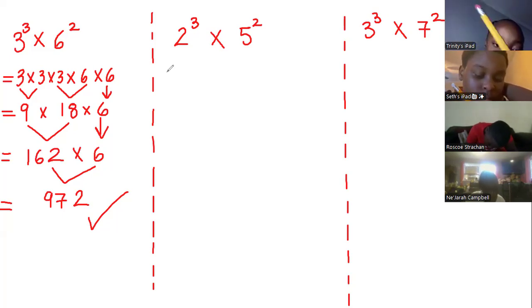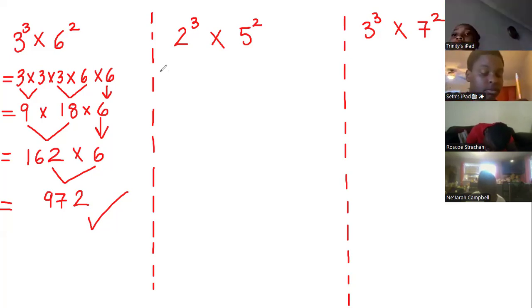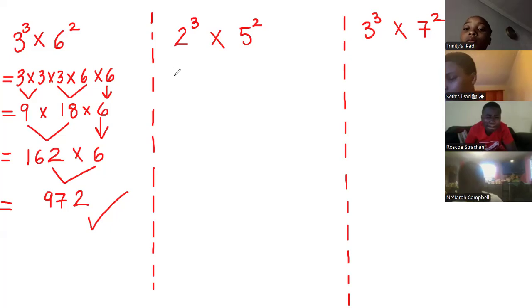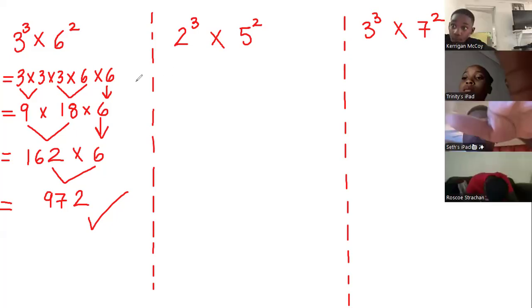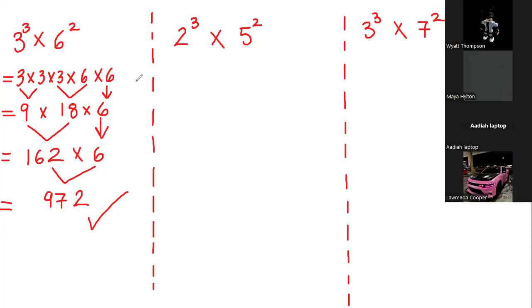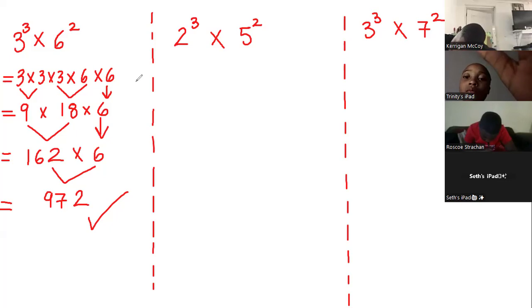Yes. So for the second one, Miss Marshall, can you explain how to do 2 cubed times 5 squared if you're there? Sure. As you can see, they're all into this, really engaging. We're getting right answers, excellent stuff.